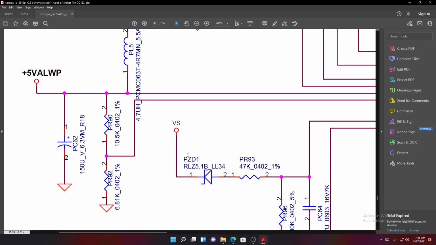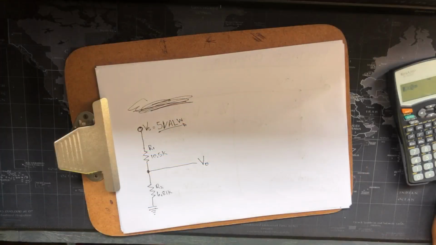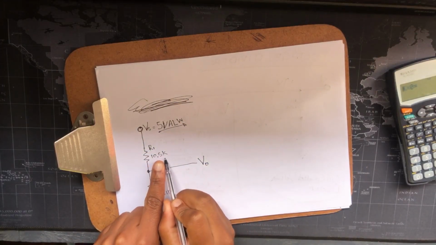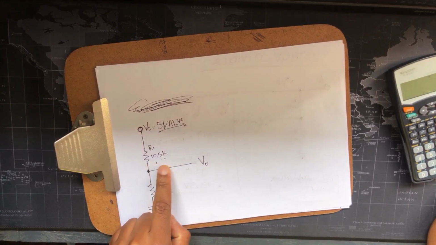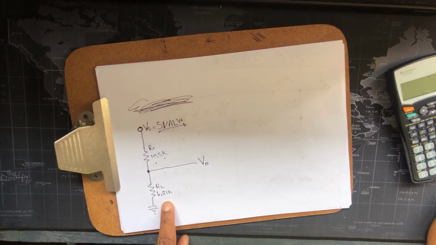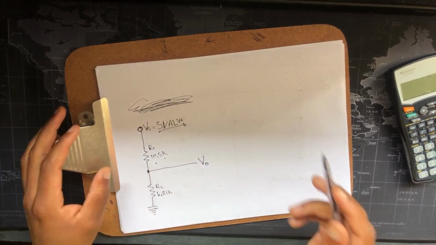All right, let's go back. Okay, 10.5 and then 6.81 if I'm not mistaken. Yeah, 10.5 kilo ohms, and then the other one is 6.81. So what will be the volts there, since we have the voltage on pin number 1?